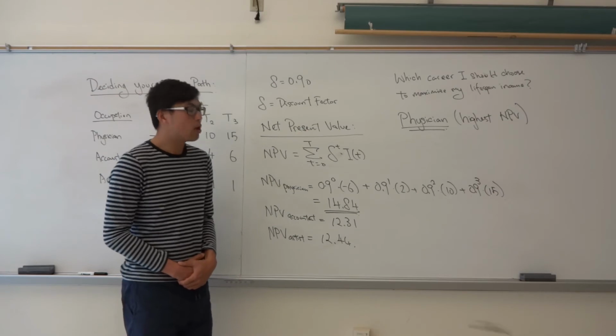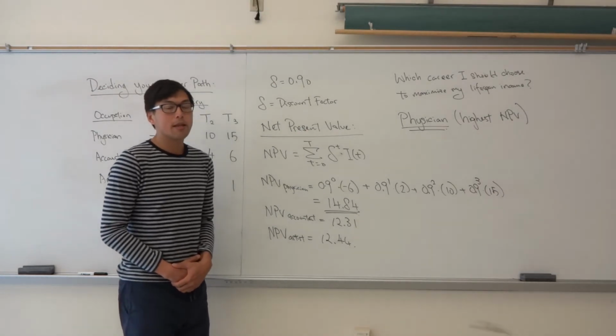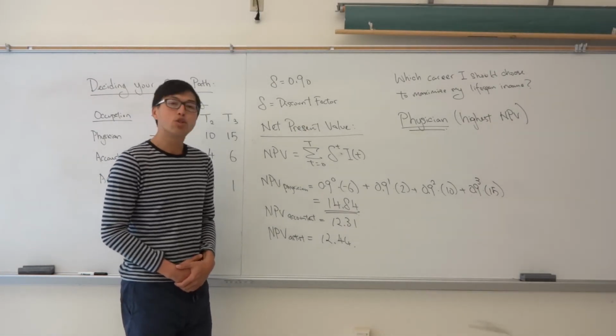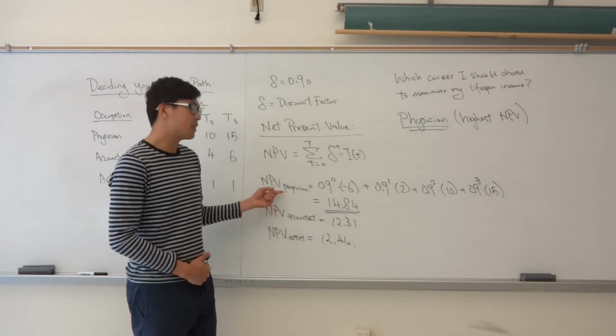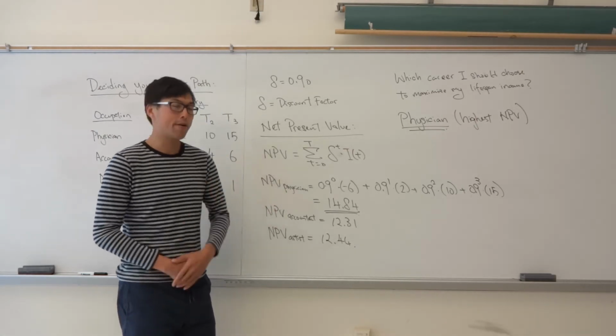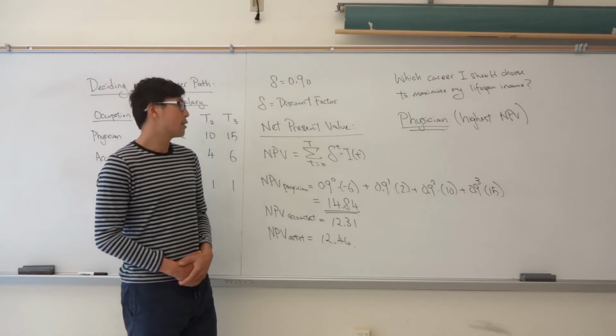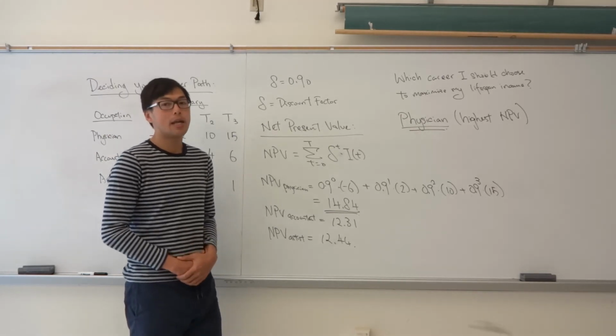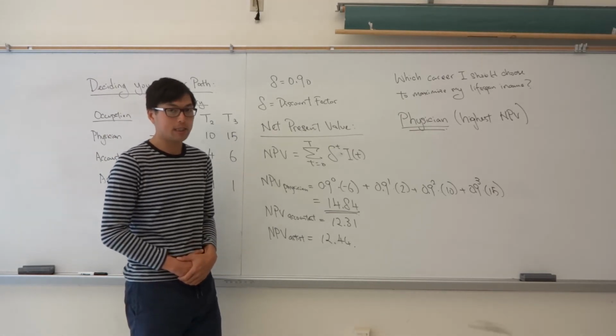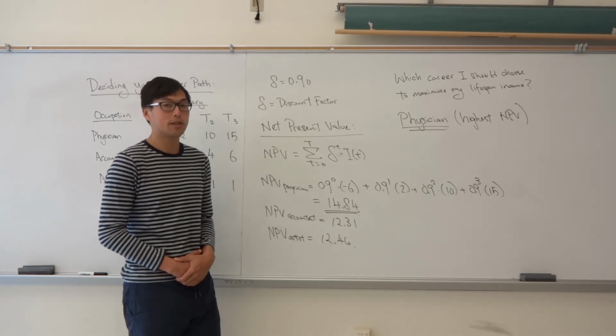So it must also be true that I will have an internal rate of returns to become a physician that is higher than the interest rates that I have calculated in the previous sections.